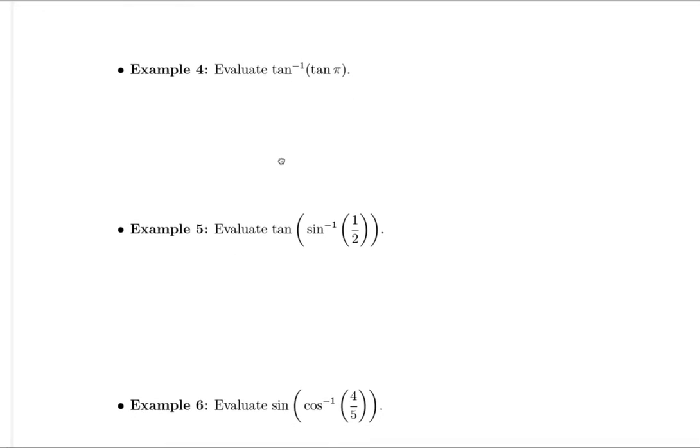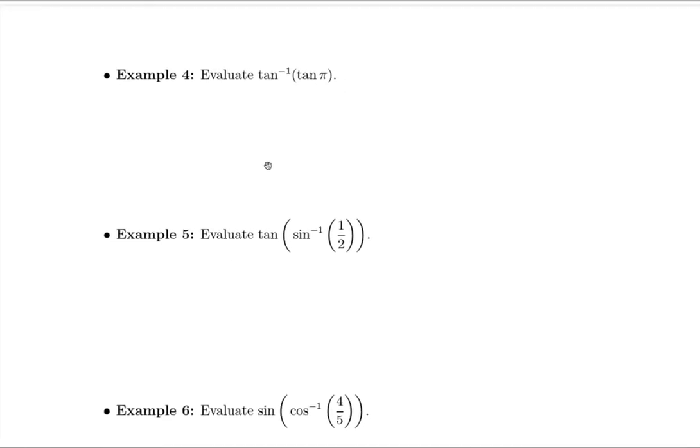All right, so on the next page, let's look at example 4, a kind of similar thing happening. We have the tangent inverse of the tangent of pi. So on our unit circle over here, the tangent of pi, well, pi's right here.